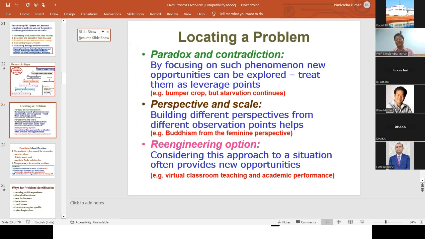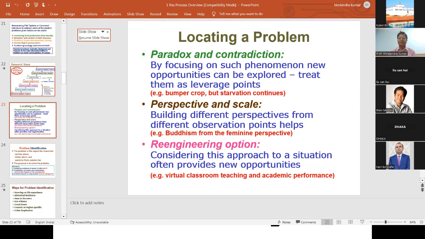Now you have to seek what the contradictions and paradoxes related with your subject are, and how you are making research problems by going through the research materials, the journals, or the literatures related with your subject also.